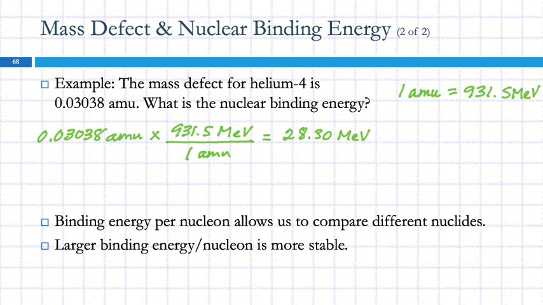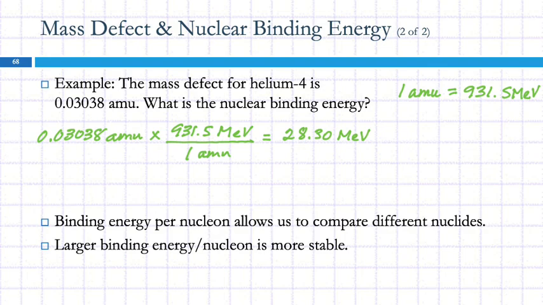So one thing we often look at is the binding energy per nucleon. What are the nucleons in a nucleus? The protons and the neutrons, right? So binding energy per nucleon is going to allow us to compare different nuclides. A larger binding energy per nucleon is going to be more stable than one that's smaller.